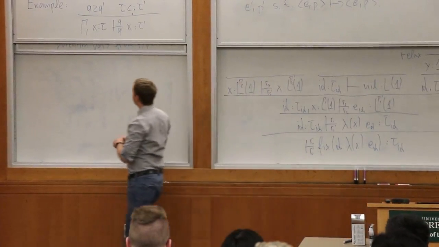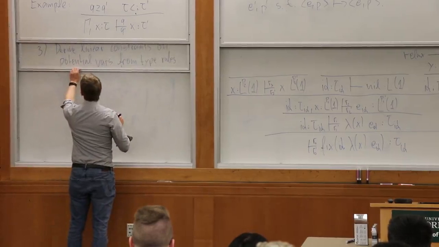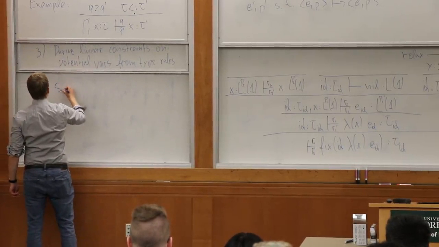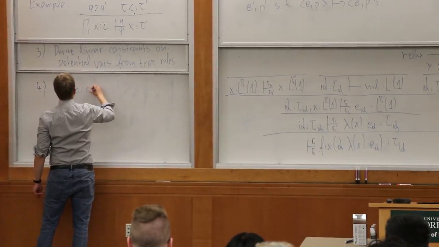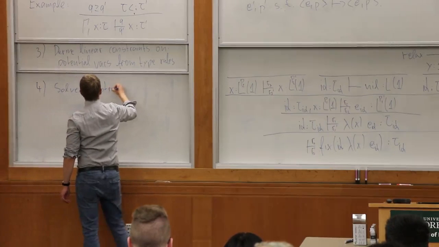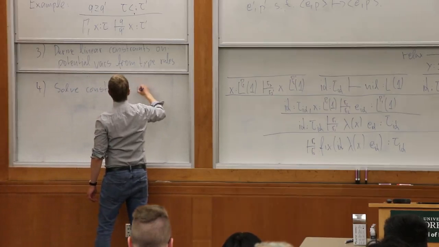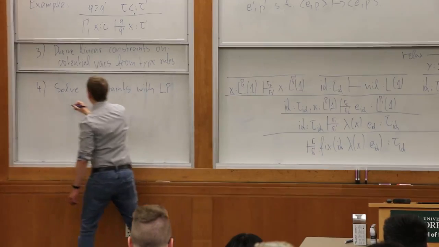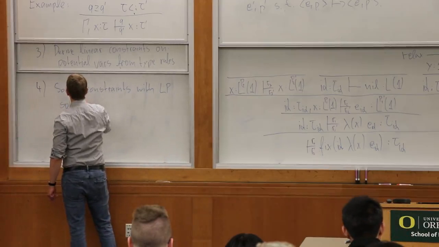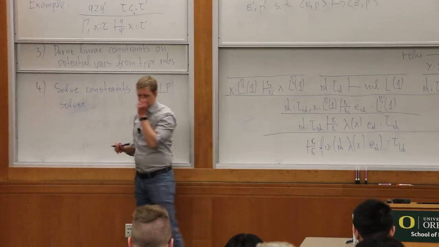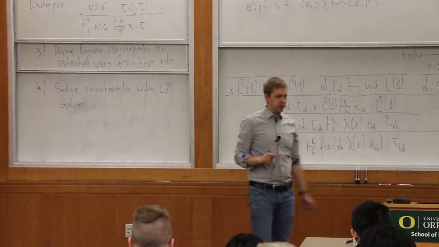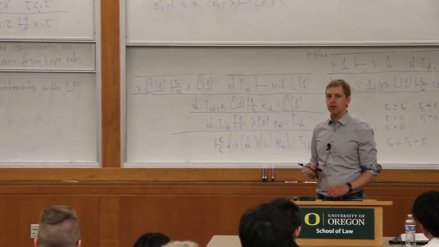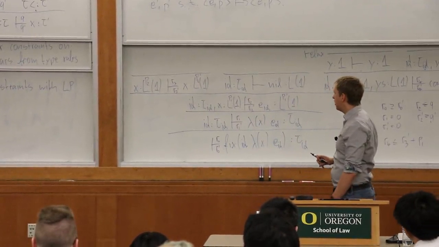This is step 4: solve the constraints with an LP solver, an off-the-shelf LP solver. That's another reason why we use the rational numbers, because it's just faster than integer linear programming.